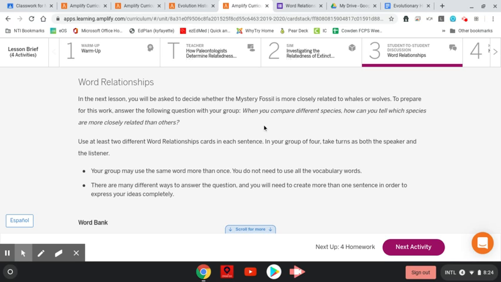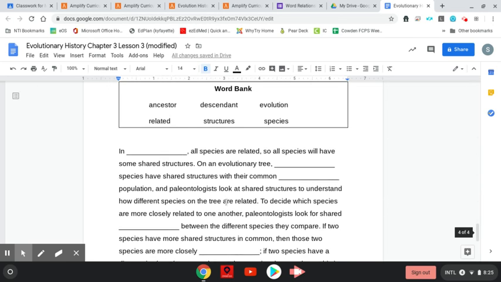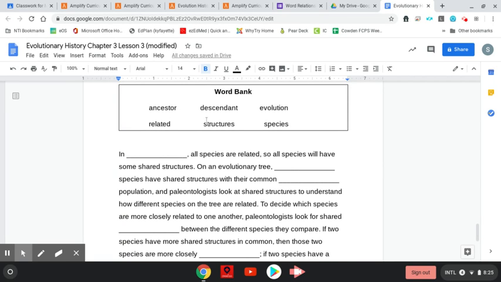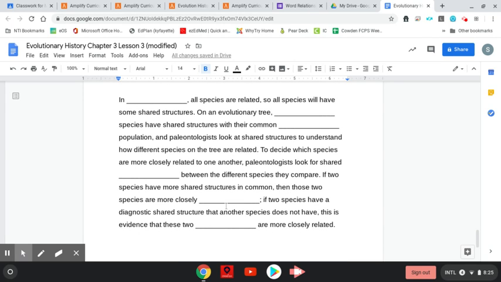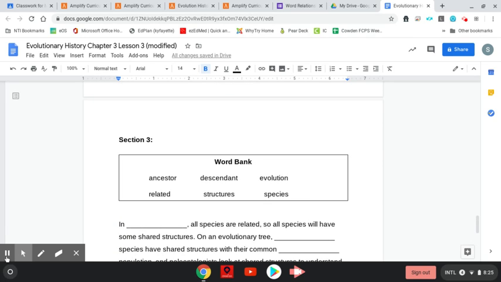Well, obviously not with your group in this. When you compare different species, how can you tell which species are more closely related? So she has that list right there. I have also put that on the doc, and I have made a word bank with 6 words, and you just have to put them in here and copy and paste. Alright, you guys have a good day.